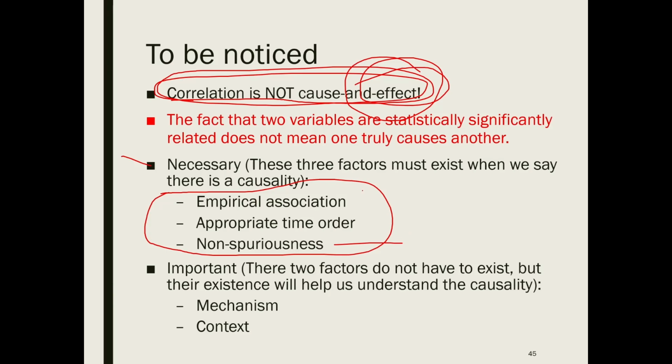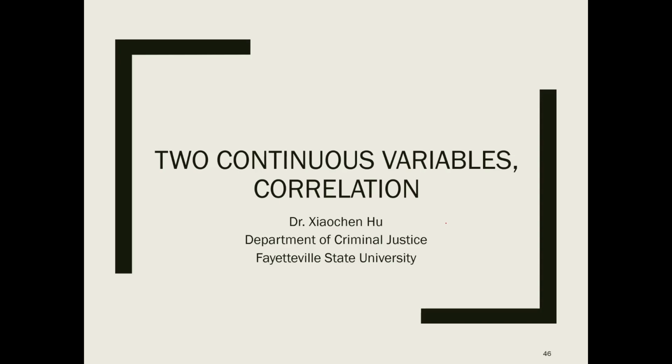These three are the necessary factors used to establish causality. And if you want to go further, you need to have the cause and effect explained in context, and explain its mechanism. That is important, but it does not alone indicate cause and effect. These first three are the factors that must exist when we say there is a causality. Okay, so that's it for the correlation.